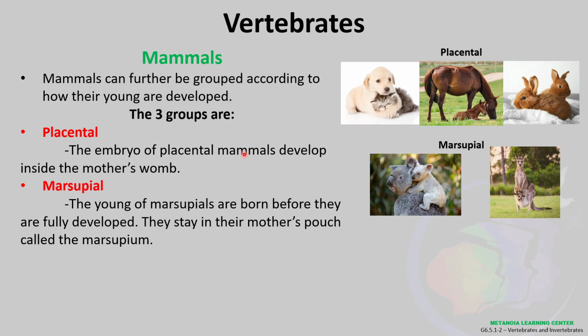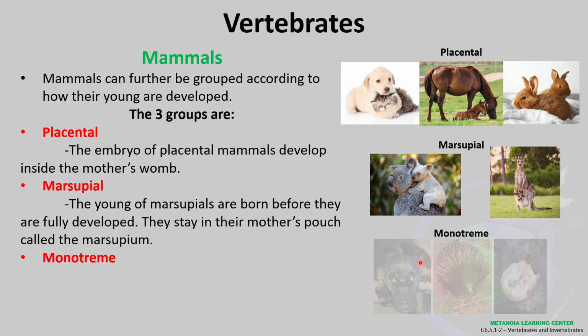Unlike sa marsupial, their young are already out of their body, even if they are not fully developed yet. Okay, so the young of marsupials are born before they are fully developed. They stay in their mother's pouch called the marsupium. Okay? So, yan ang examples. Mayroon tayong kangaroo, mayroon tayong koala.